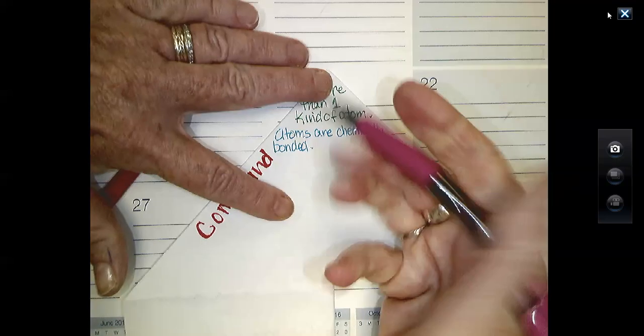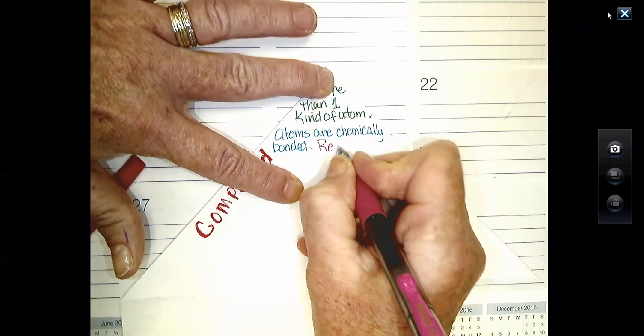And since there's more than one kind of atom and they're chemically bonded, it requires a chemical reaction to separate.